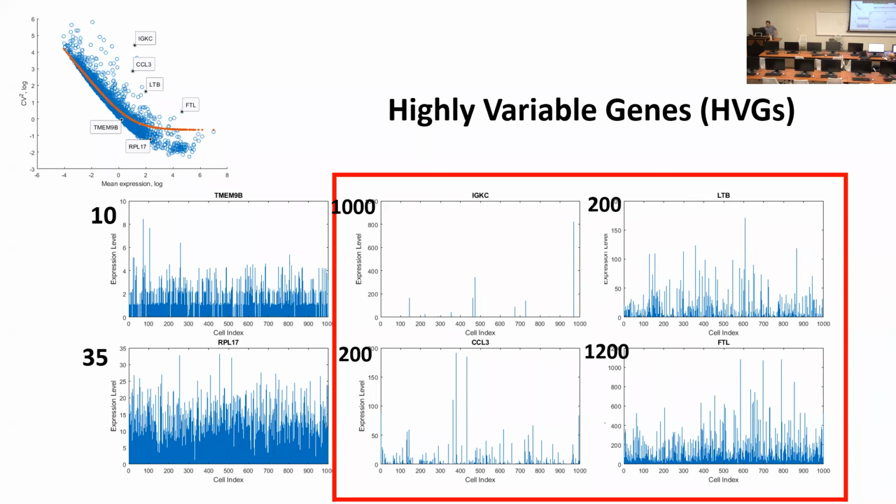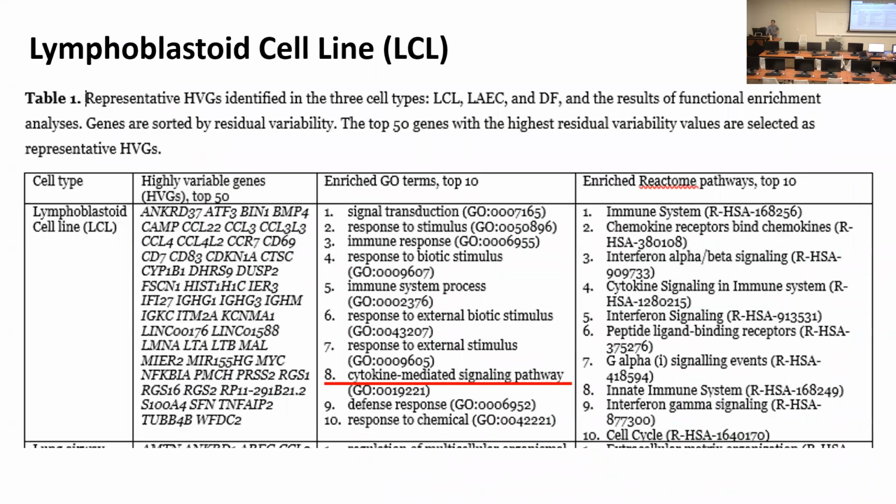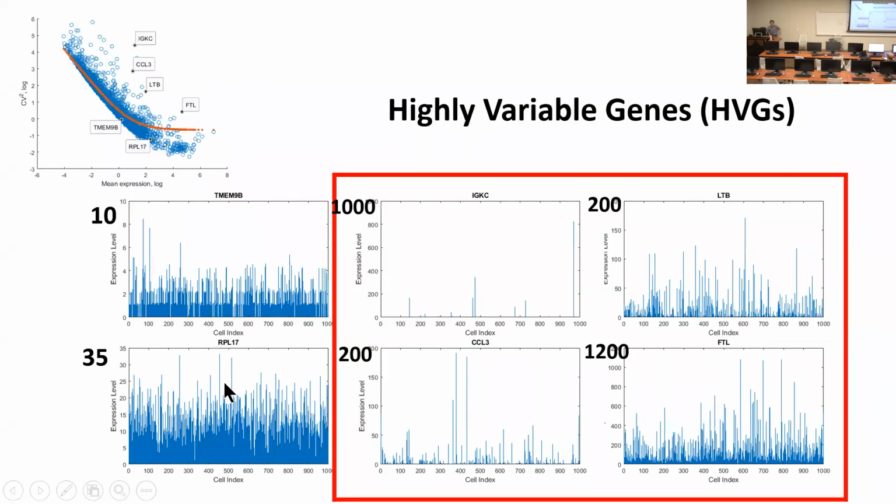Okay, so in the lymphoblastoid cell line, we can use this technique to select those genes with the largest residual CV, and those are the top 50 genes. They are not highly expressed genes. They are not in this corner here.